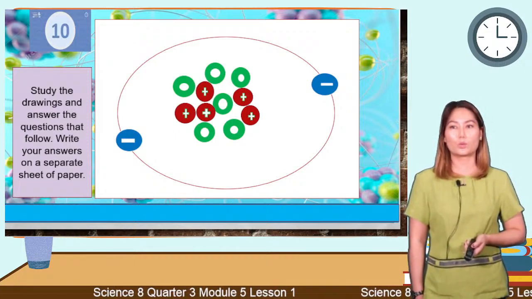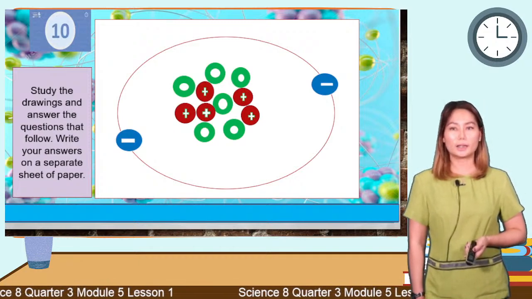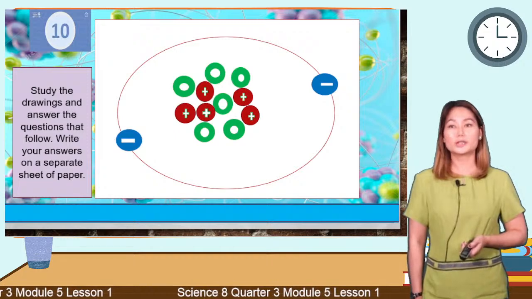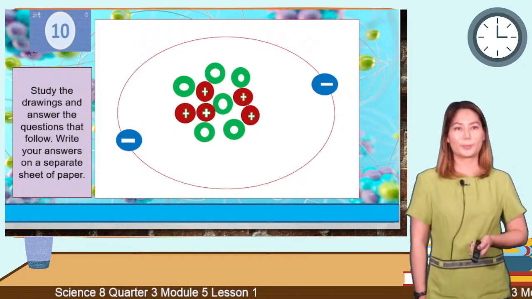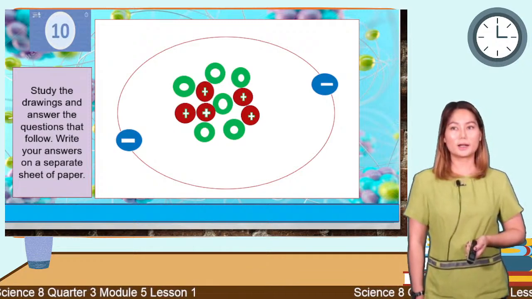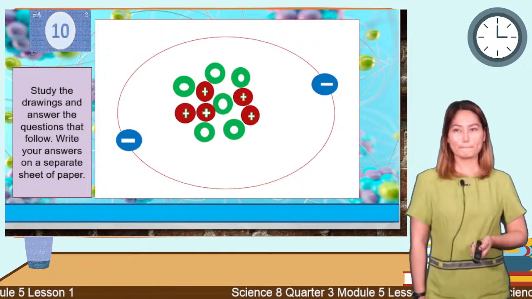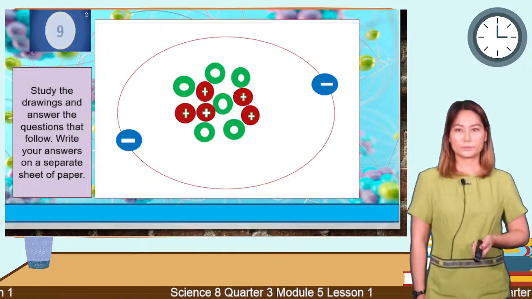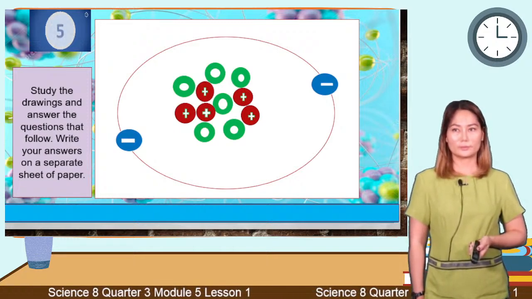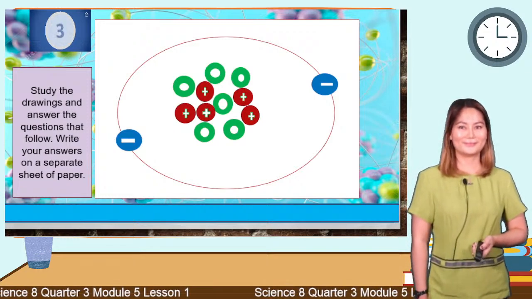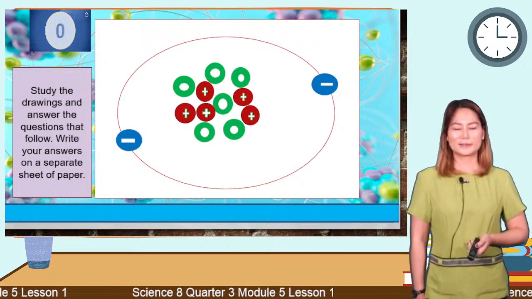Alright, for your evaluation or assessment, all you have to do, guys, is to study the drawings and answer the questions that follow. I'll give you 10 seconds to study the drawings. All you have to do is to determine the number of protons, electrons, and neutrons. Are you ready? Timer starts now. Time is up.